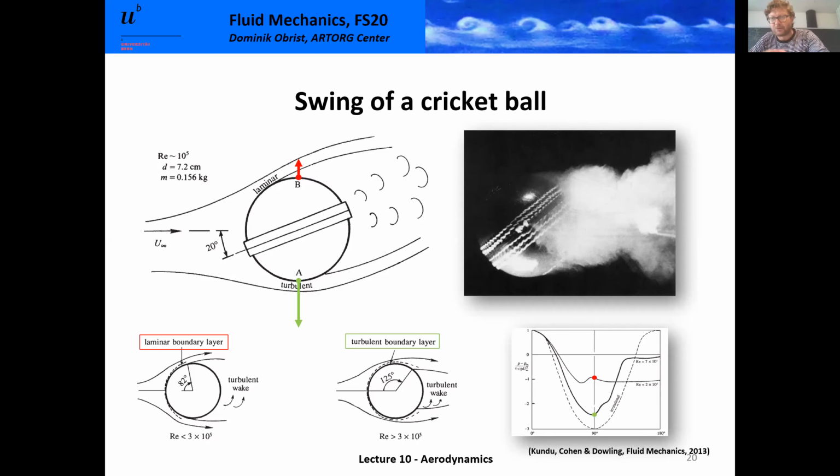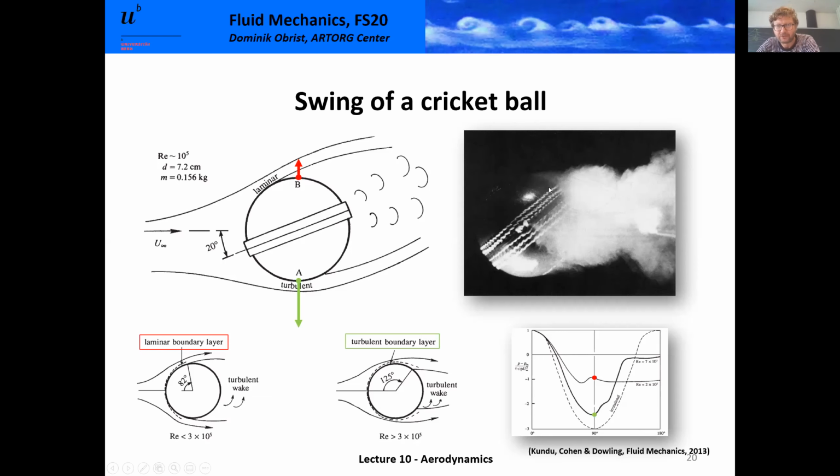But the first example I want to make is a sport that maybe not all of you are so familiar with, but it's cricket. And it's a very nice application of exactly this story. It's not exactly a spinning ball, but it also has to do with creating a curved ball. So what do cricket balls look like?